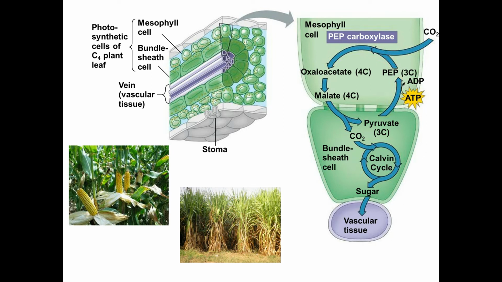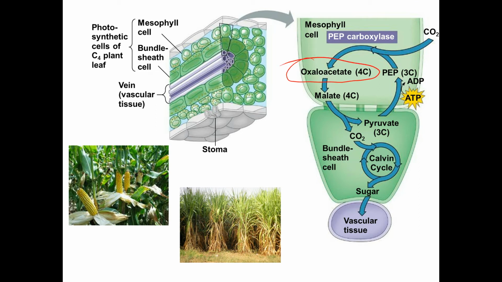Here you're looking at your C4 plant tissue structure. Your mesophyll cell brings in CO2. This CO2 is fixed into a 4-carbon molecule. So you have PEP, phosphoenolpyruvate. It combines with CO2 through the enzyme phosphoenolpyruvate carboxylase to form oxaloacetate.